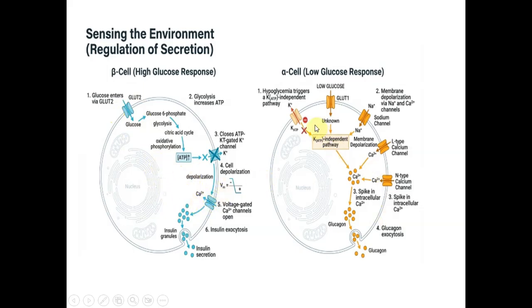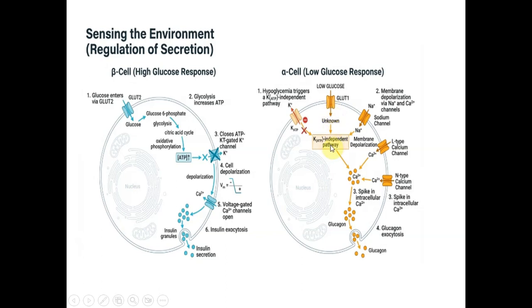Okay, and then you can see that this is the low glucose response, and this is the hypoglycemia that triggers the potassium, that low glucose. It enters through GLUT1, and this pathway is unknown.